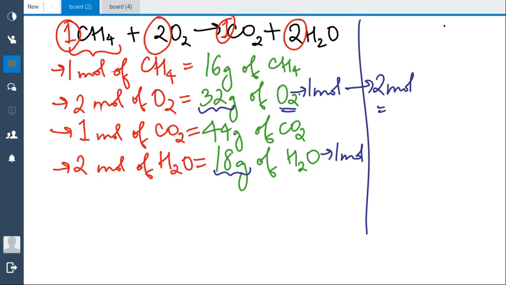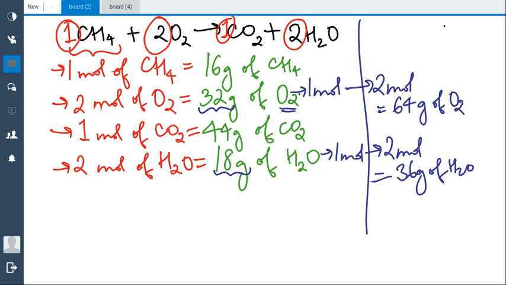If the mass of 1 mole of oxygen is equal to 32 grams, then 2 moles will be equal to 64 grams of O2. Now, if 1 mole of water weighs 18 grams, then 2 moles of water will weigh 36 grams of water. Okay? Now you understood how to relate moles with grams. Okay?